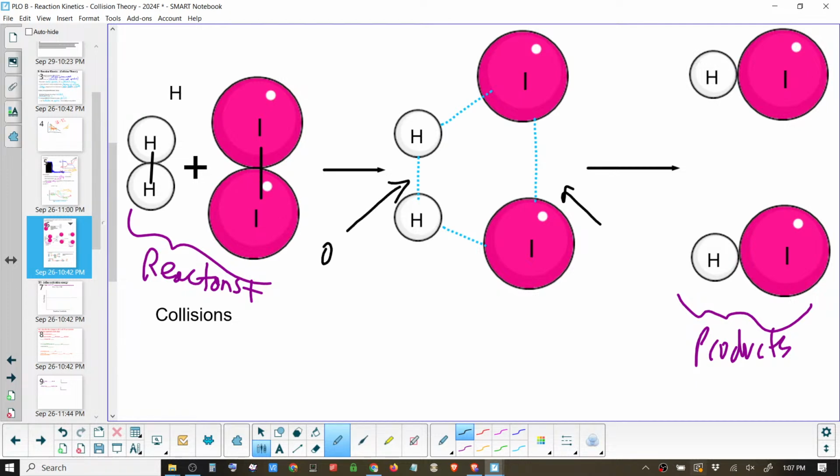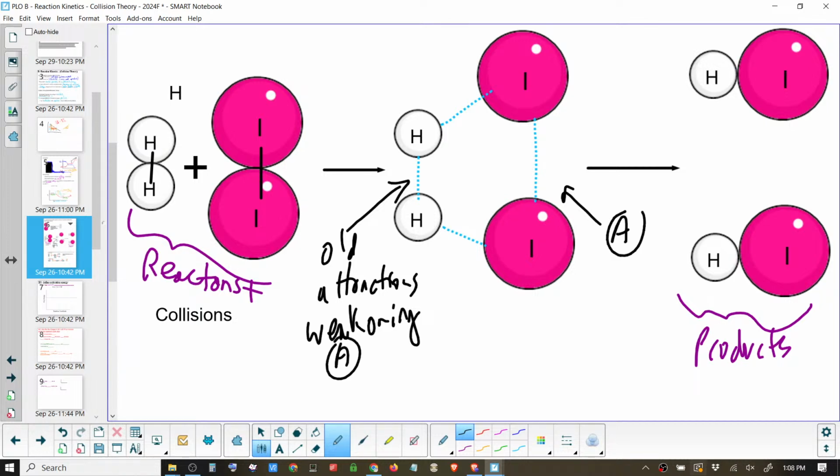So, old attractions weakening. Let's call that A, so I don't have to rewrite the explanation over here. Those are the old attractions.